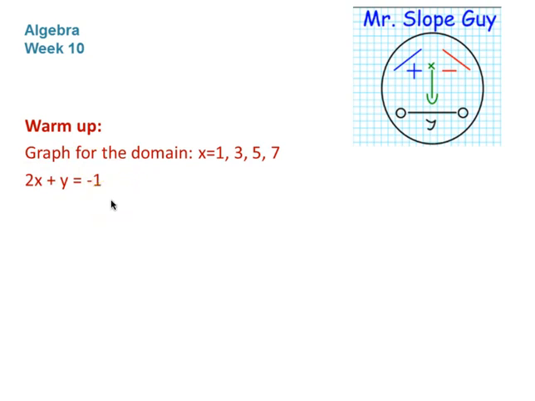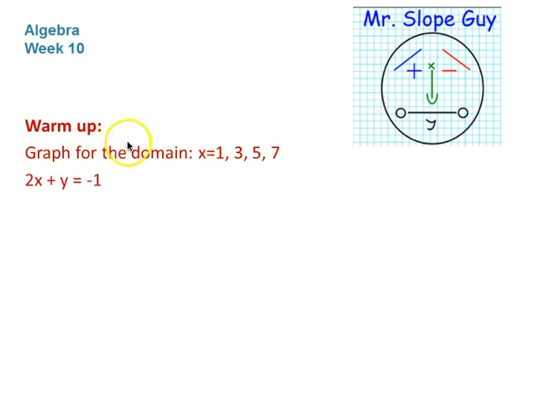So let's take a look at this warm-up. It says graph for the domain when x equals 1, when x equals 3, when x equals 5, and when x equals 7. So we're given specific x values. And remember, our x values represent our domain.